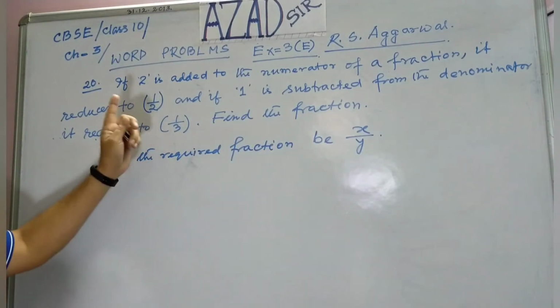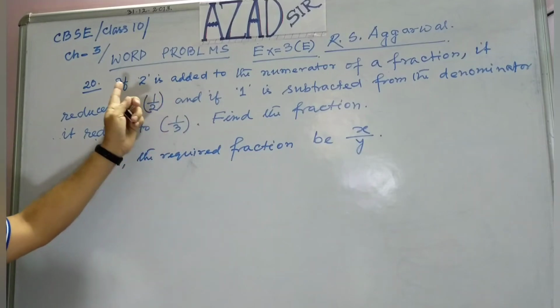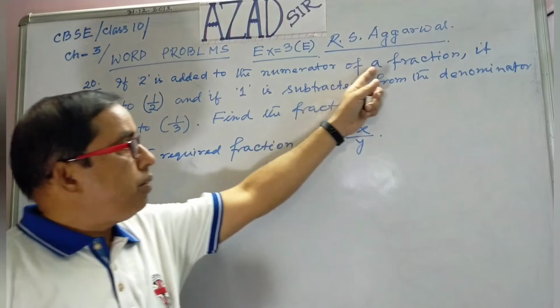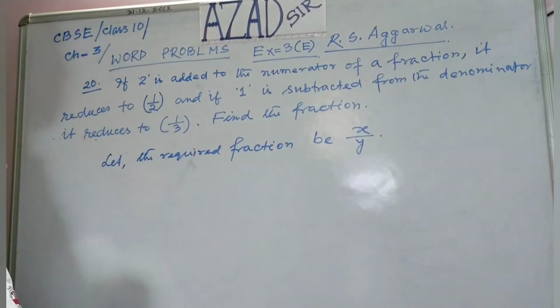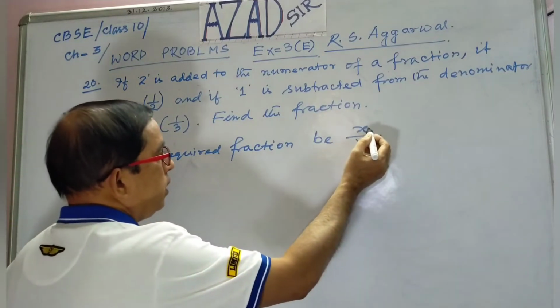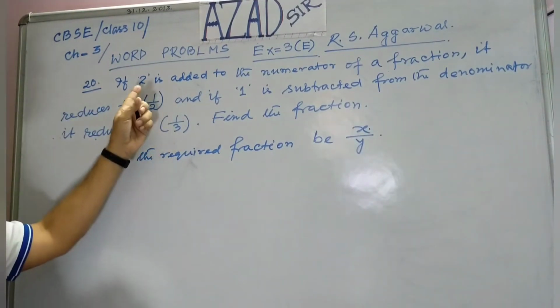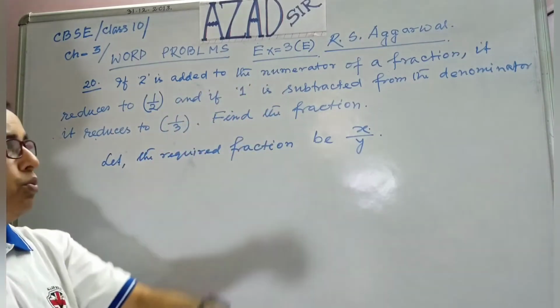Now, what is the first sentence? You have to read again. If 2 is added to the numerator of a fraction, it reduces to half. Most probably you all know that the upper one is the numerator and the below one is the denominator, and here it is told that 2 is added to the numerator.